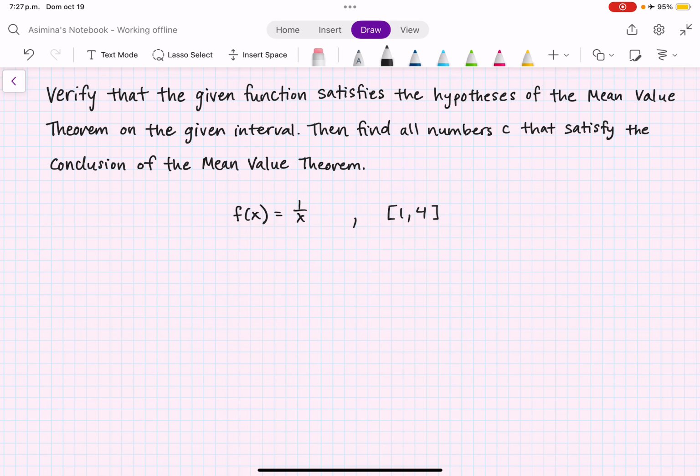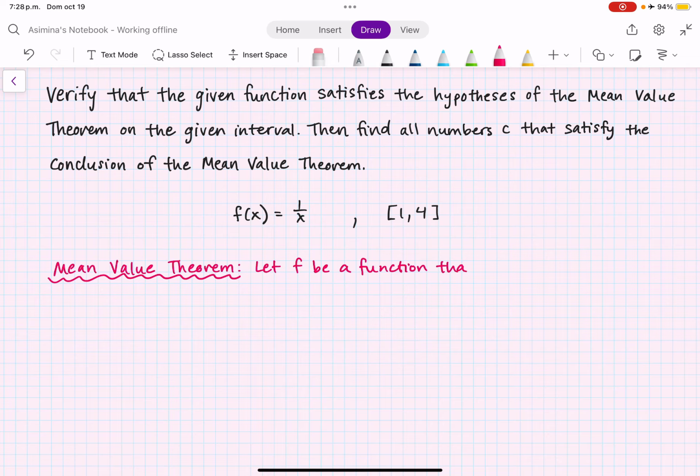So first, let's recall what the mean value theorem says. Let f be a function that satisfies the following hypotheses.